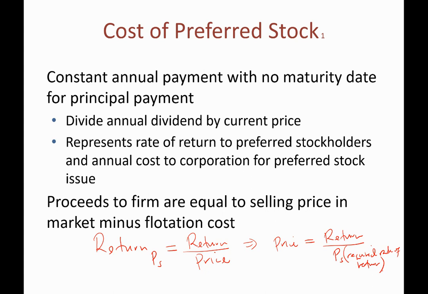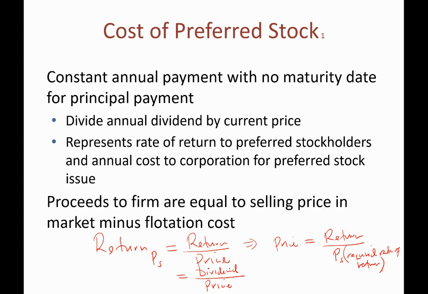In this chapter we're using the same formula, but we're reversing it. Our concern is to determine what that required rate of return is, and that's why the required rate of return is going to be the return divided by the price. The return on common stock, of course, is the dividend. So you'll take the dividend divided by the current price of the stock, and this will give us the required rate of return on preferred stock.